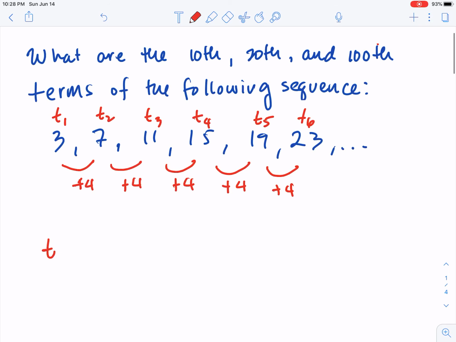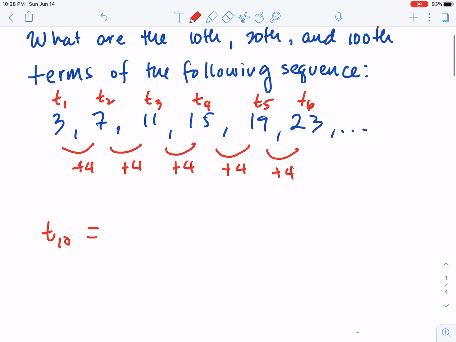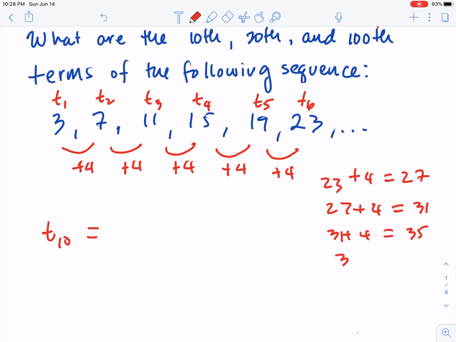And t sub 10, no, which is yung ating hinahanap, ay ilan yan? So 23 plus 4, that's 27. Tapos 27 plus 4 ay 31. 31 plus 4 ay 35. And 35 plus 4 ay 39.